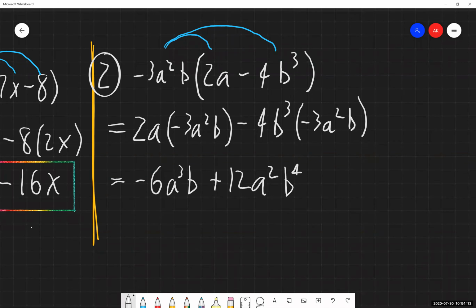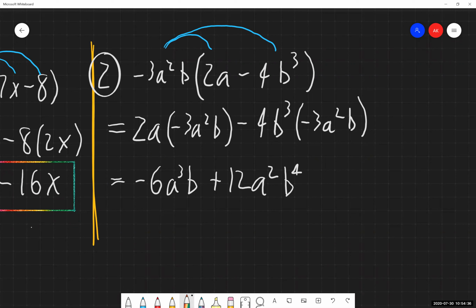So I have everything multiplied out, and then I'm always asking myself, can I combine like terms? Both of these terms have a's in them, and both of them have b's in them. But the exponents attached to those variables are not identical in each term. First one has an a cubed, second one has an a squared.